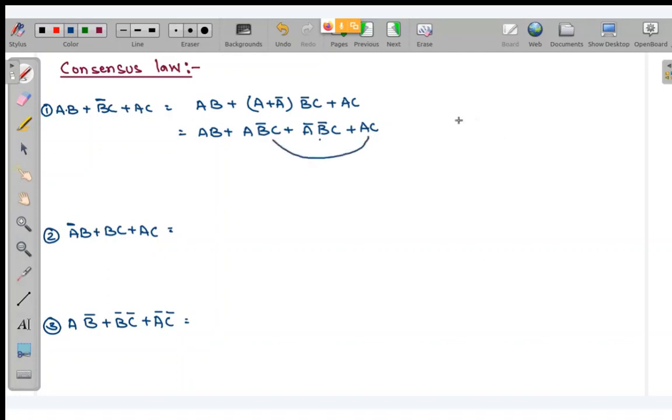So what will happen? This will become AB plus A bar B bar C plus this will be what? If I take AC common, this will be 1 plus B bar. So this will be AB plus A bar B bar C plus AC. So now what can I do?